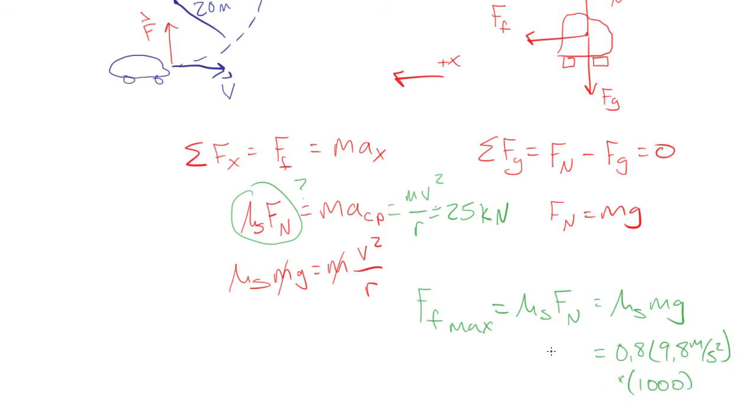So this is like 9,800 times 0.8. I didn't actually write this value down. It's something like 9,000, a little bit less than 9,000.